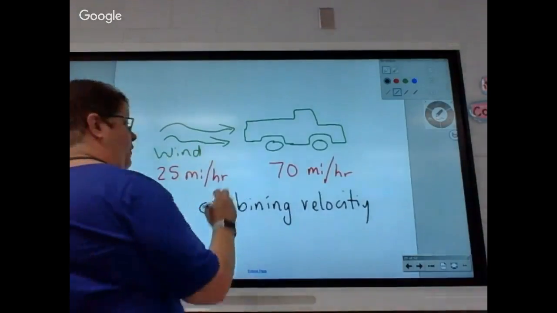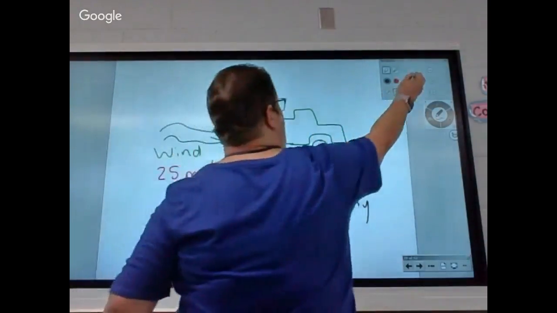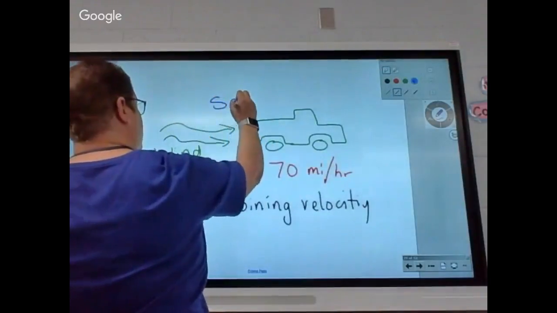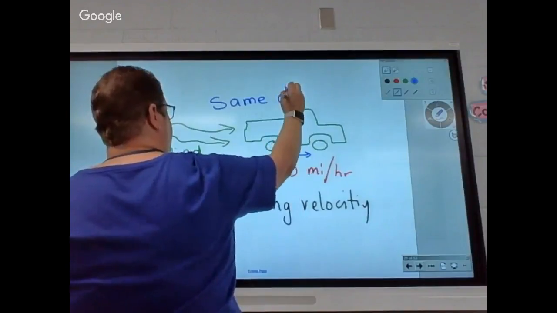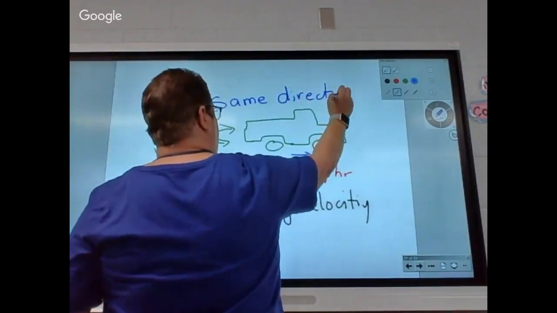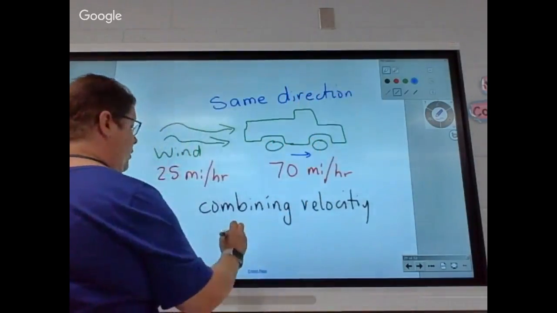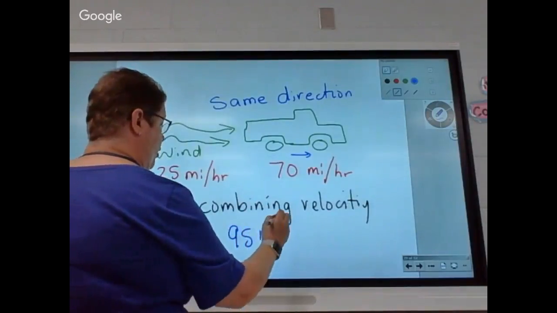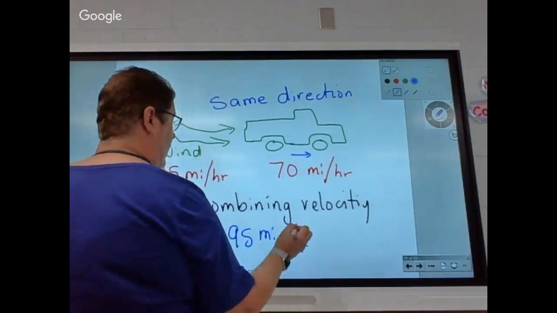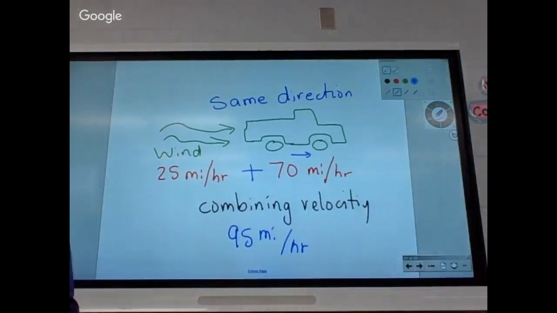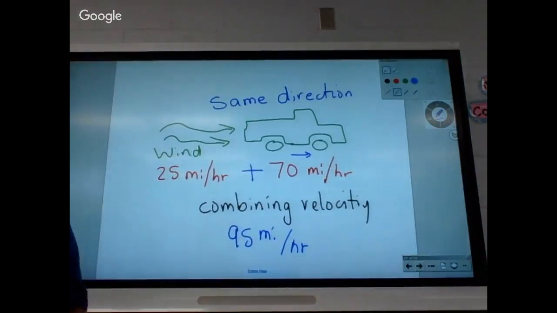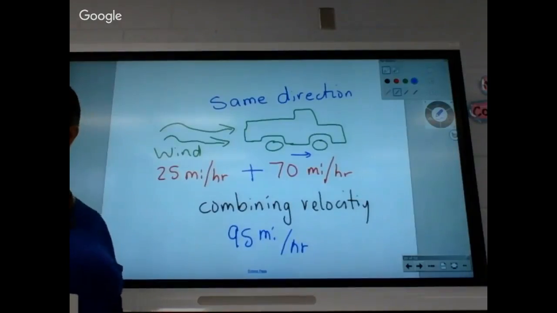So what do I do with the two of them? Because they're in the same direction, because the car is going this way, same direction. That's right. You add them together, we would be doing 95 miles per hour. Okay? Because we would add them together. All right? We would have to slow down. We would have to use less gas and not push as hard on the pedal.